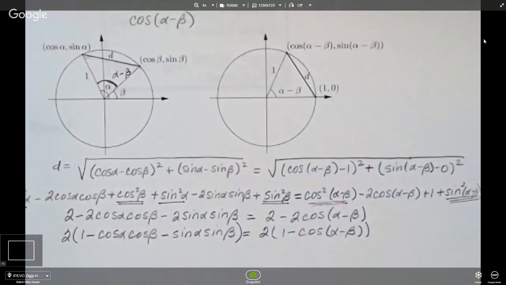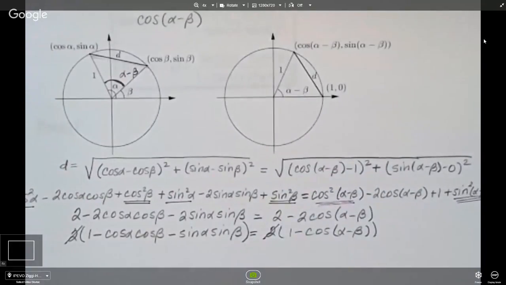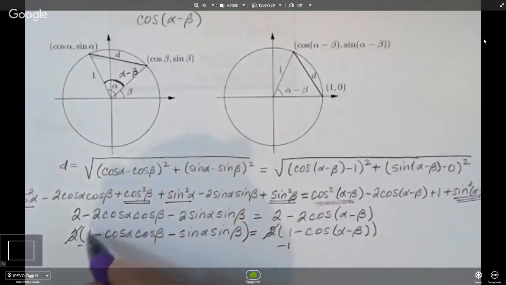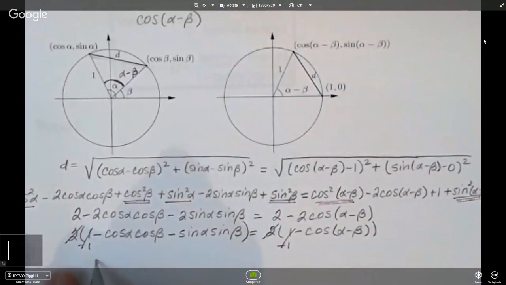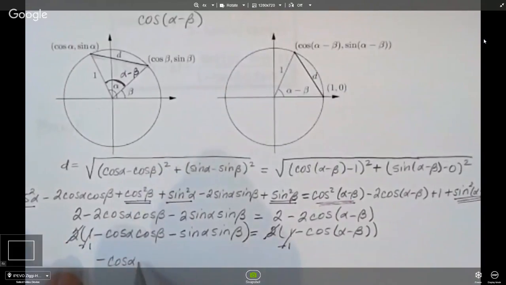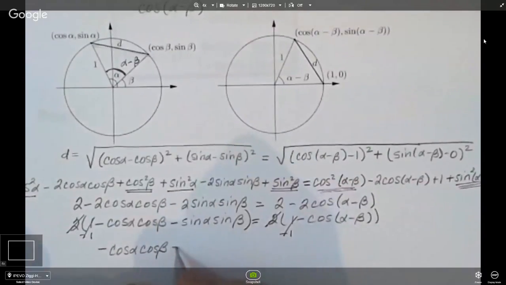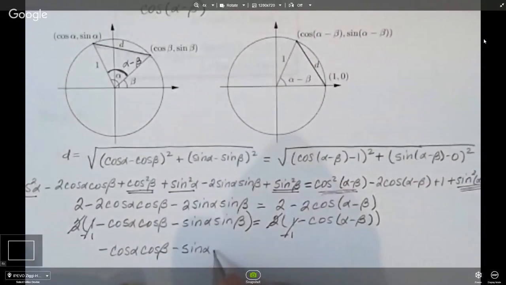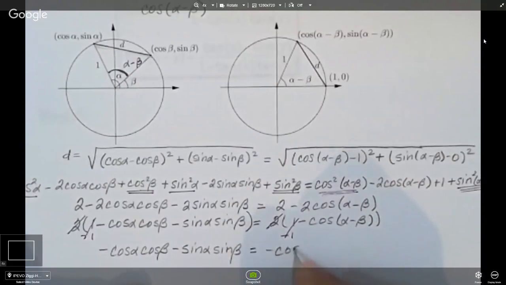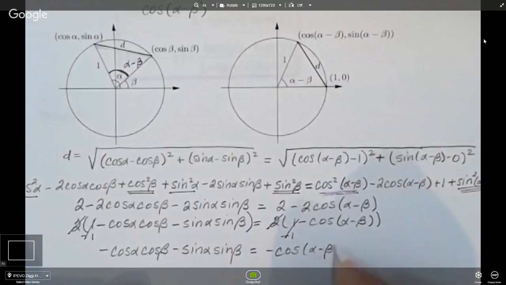And since I have 2's on both sides, I can divide both sides by 2 and get rid of the 2. And then I can subtract 1 from both sides, and that's going to get rid of these 1's. And then I notice that I'm left with negative cosine alpha cosine beta minus sine alpha sine beta equals negative cosine of alpha minus beta.